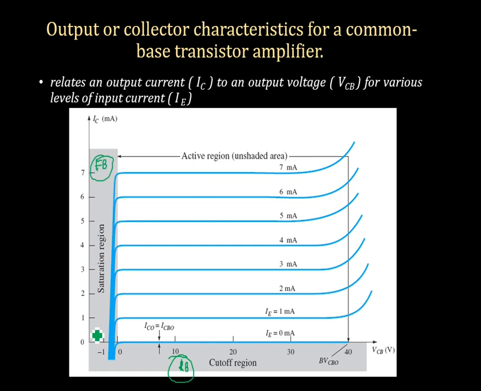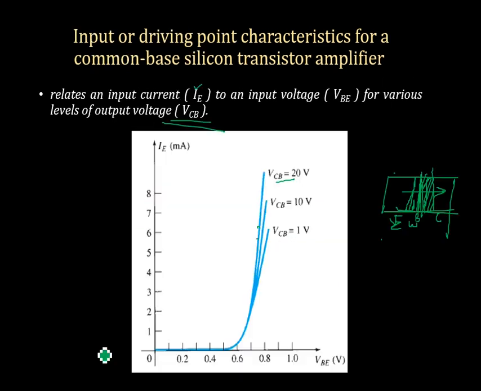You can see that here. The collector base junction, when VCB is becoming less than 0, this is the plot for that. So for a PNP transistor, if this VCB becomes negative, what happens? It will become forward biased. You can verify that here.